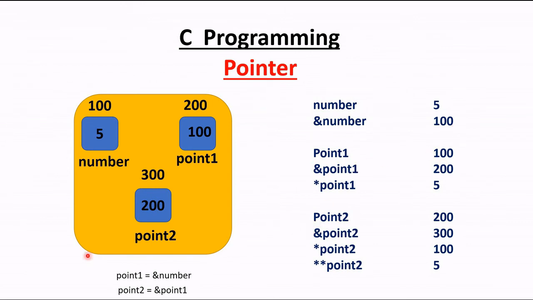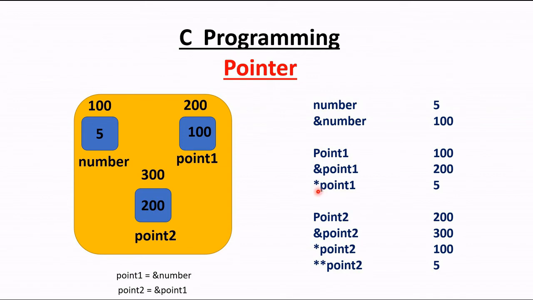And now I have set pointer 1 equal to the address of number. So if we print pointer 1, at that time this 100 will be printed, that is the address of this number variable. If we give the address of pointer 1, the address of this pointer 1 is 200, so 200 will be printed.